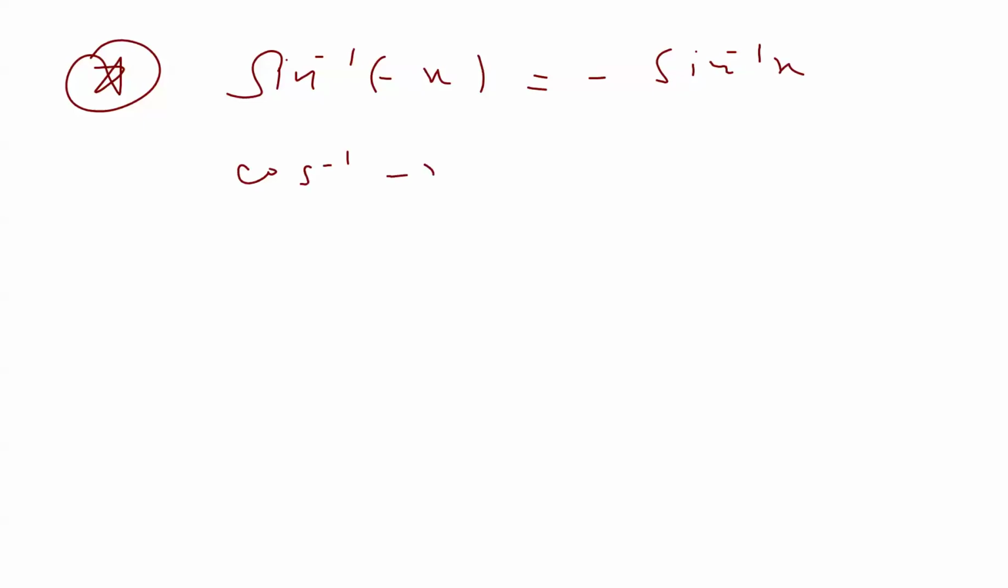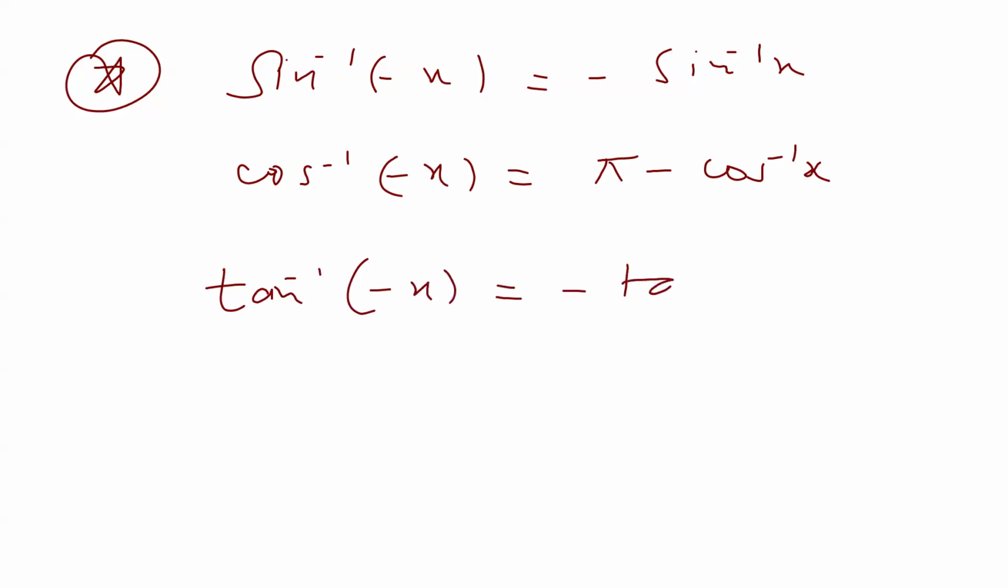Next, sine inverse of minus x is minus sine inverse x. Cos inverse of minus x is pi minus cos inverse of x. And tan inverse of minus x is minus tan inverse of x.